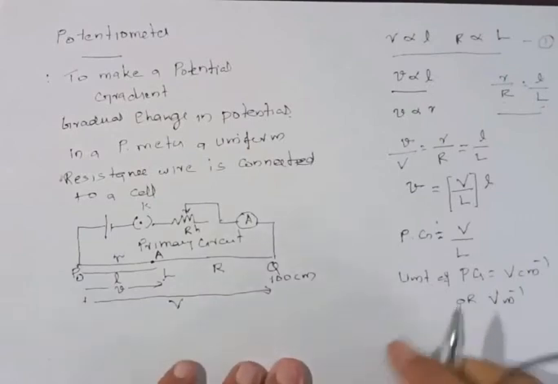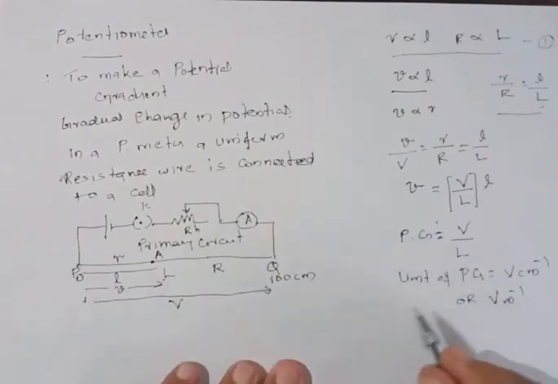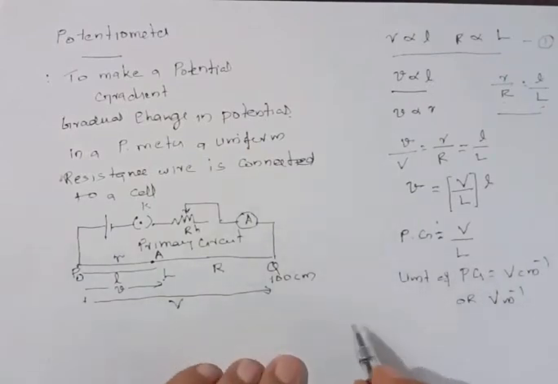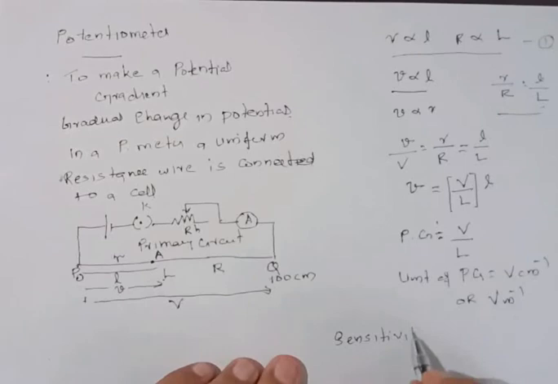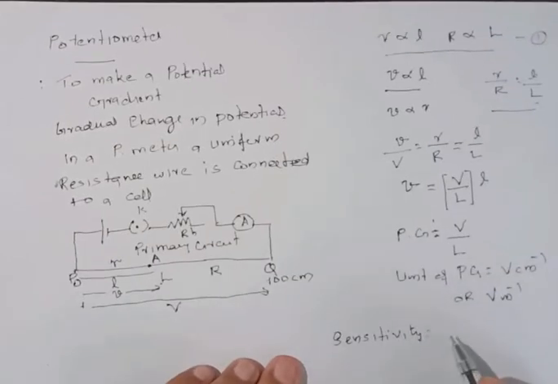Now, the sensitivity of the potentiometer is usually taken as 1 upon potential gradient, that is L upon V. This is called sensitivity.